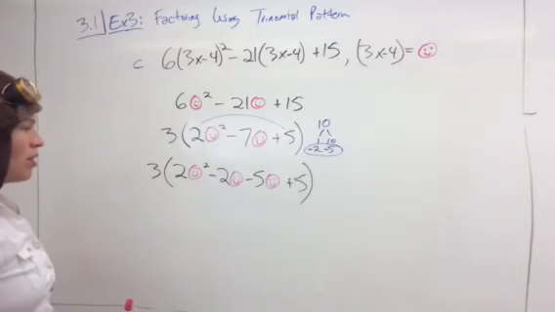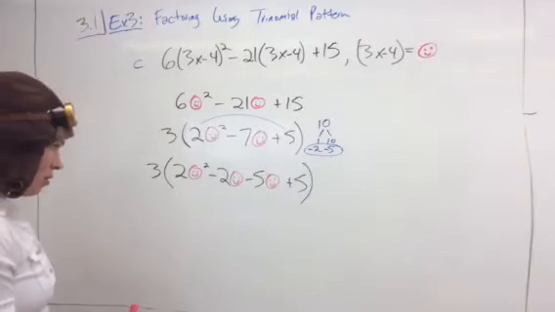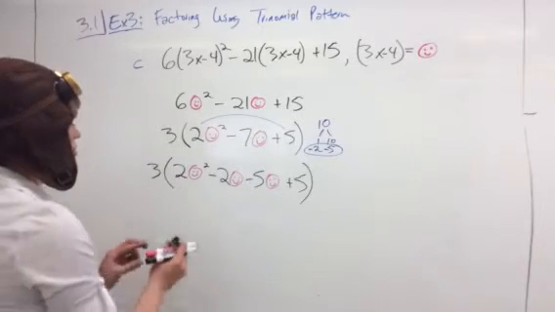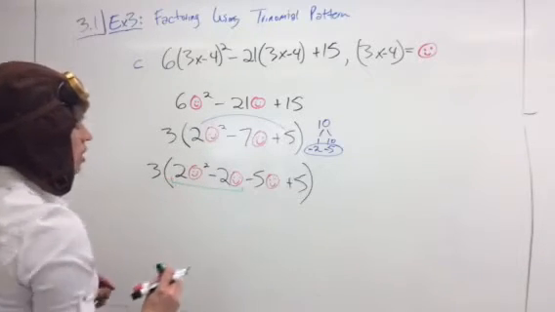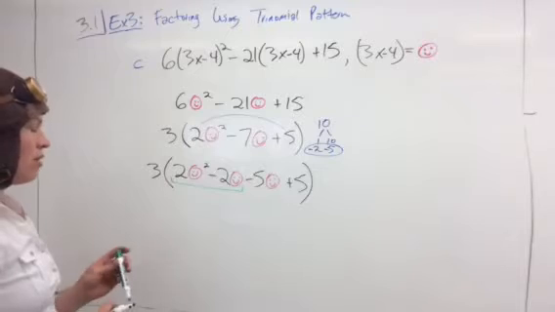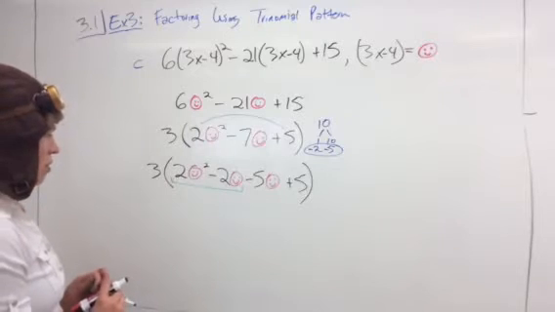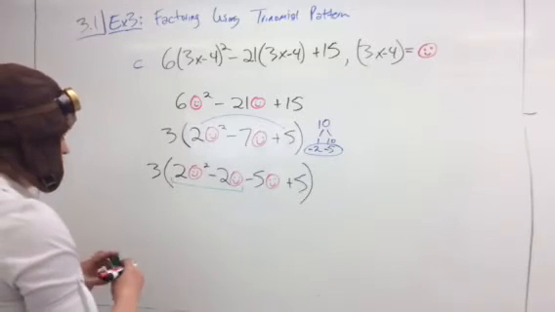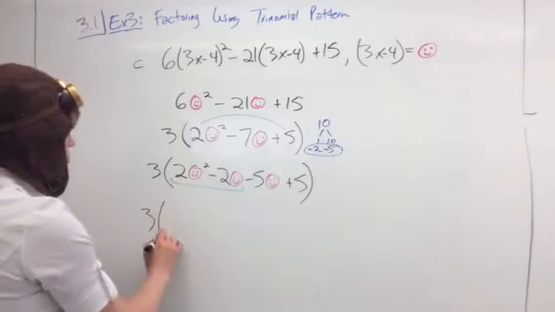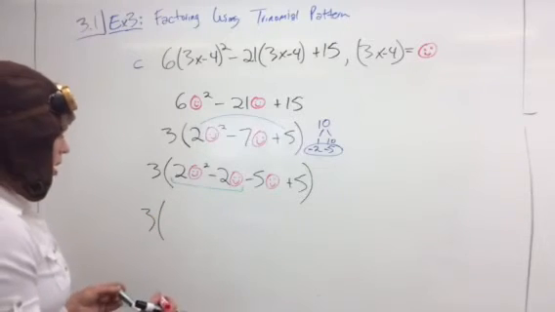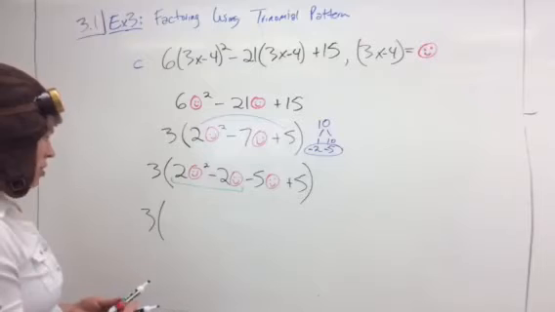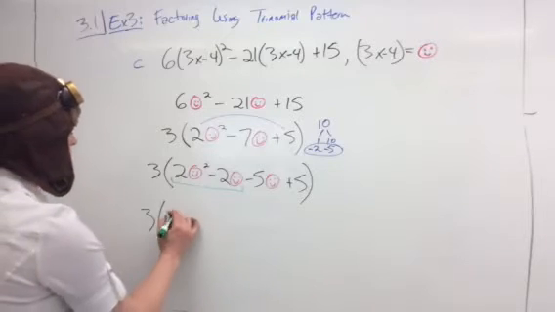And now I'm just going to factor those guys out the way I did before by checking what I have in common with the first 2 terms. So the first 2 terms, 2 and 2, well that's 2, but we'll write the 3 with the big bracket out here. Here we go.